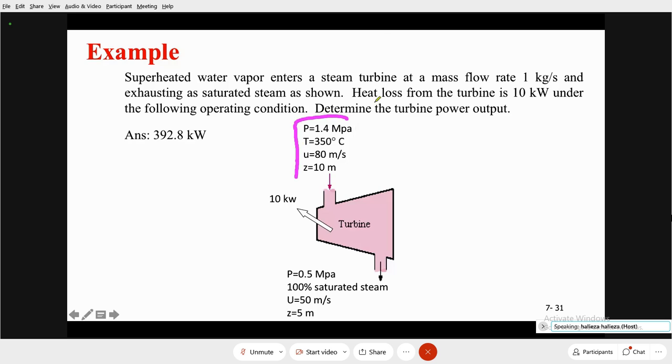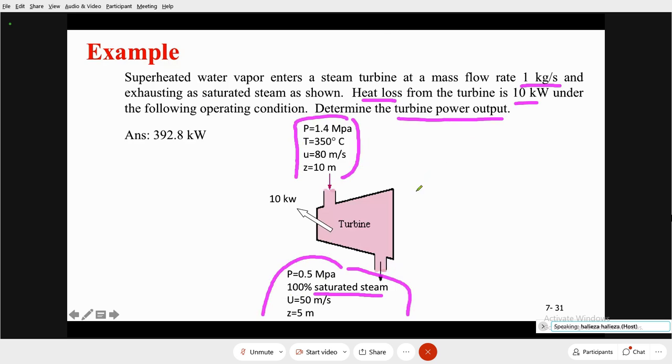You have the potential energy and the kinetic energy at the inlet, and you have the outlet. The heat loss from the turbine is 10 kilowatts. Your amount coming in is 1 kilogram per second, and it comes out as saturated steam. That's why the temperature is not given, just the pressure. You need to find the power.